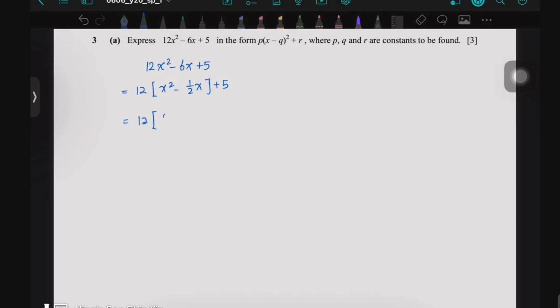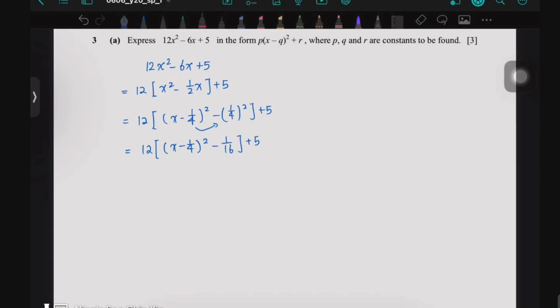12 bracket x minus 1 over 4 square, bring out negative 1 over 4 square, plus 5. So move on. 12 bracket x minus 1 over 4 square minus 1 over 16 plus 5.